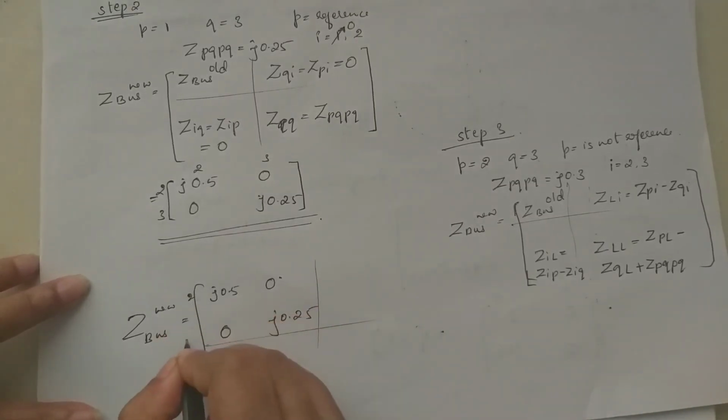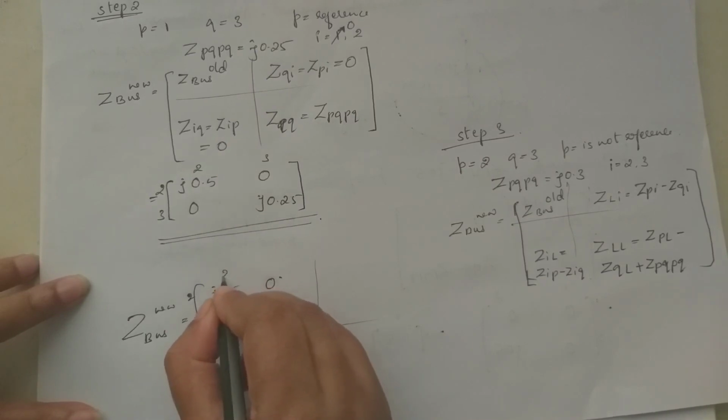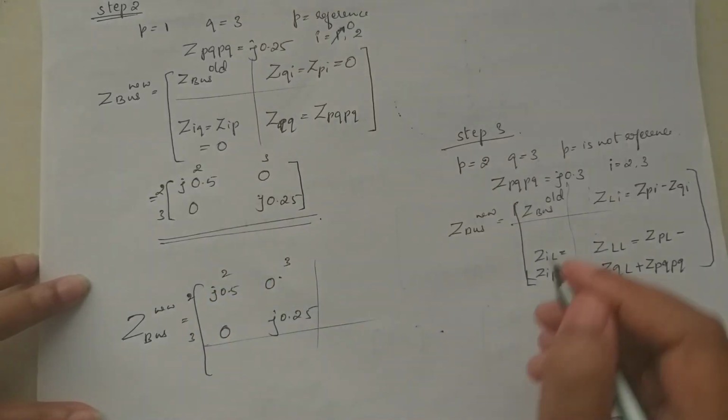This is the second row, third row, second column, third column, right?